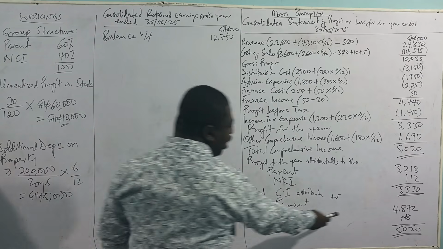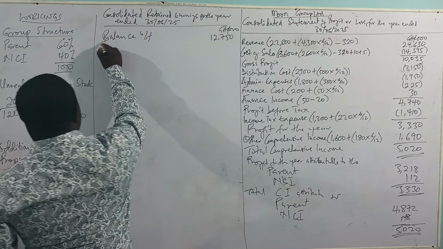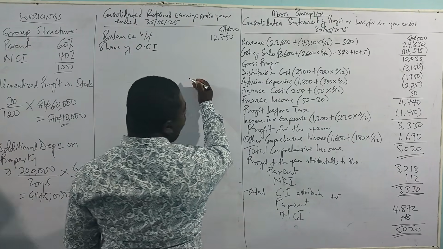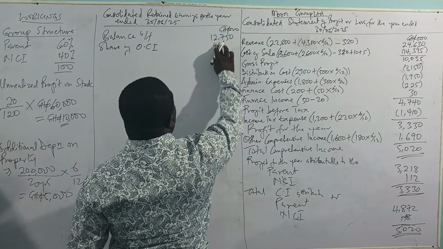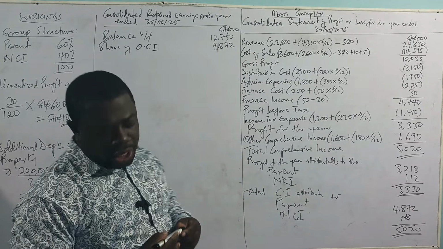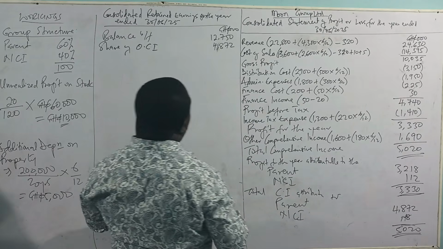So the parent share of other comprehensive income is 4,872. So once we add that, then we need to pay dividend out and then we'll be fine.